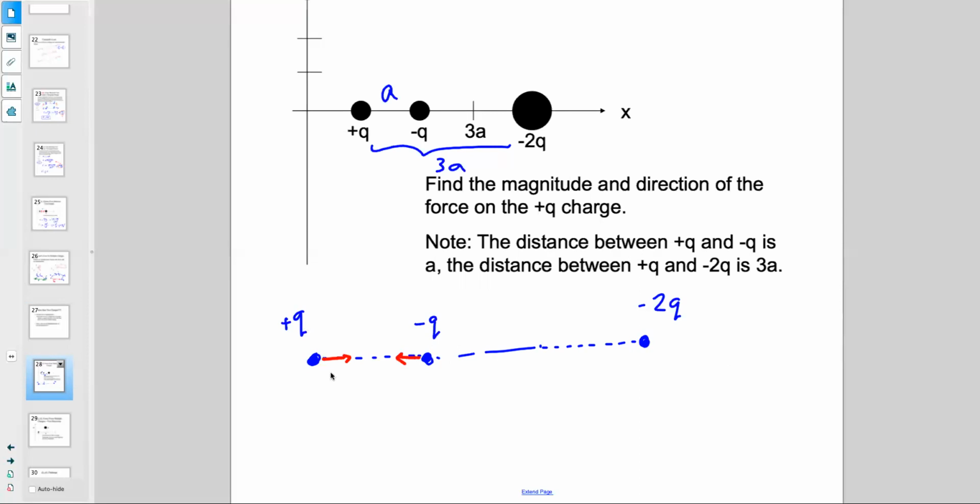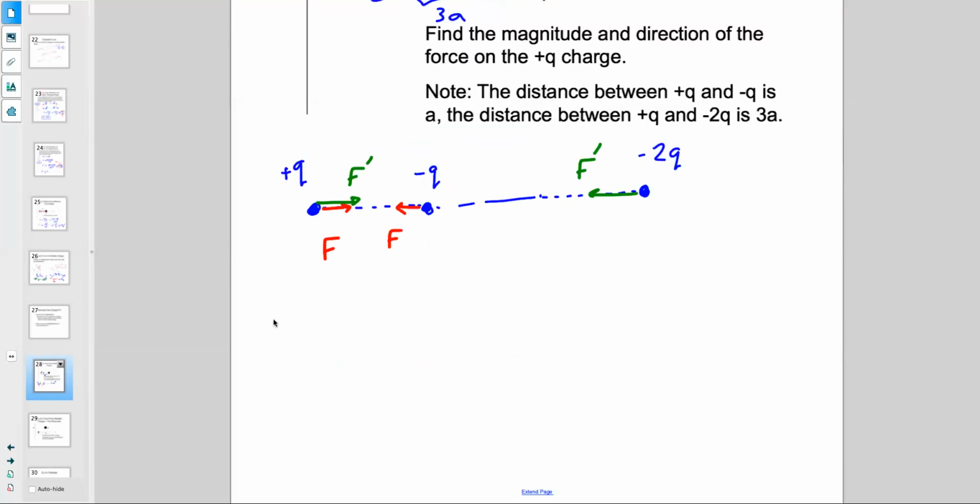So this is F. And then these two will also attract because negative and positive will attract. I'm going to call it F prime because I just wanted to distinguish it from F. They're not the same, so I'm going to show it in a different way. So let's talk about F first. F is K Q1 Q2 over R squared.